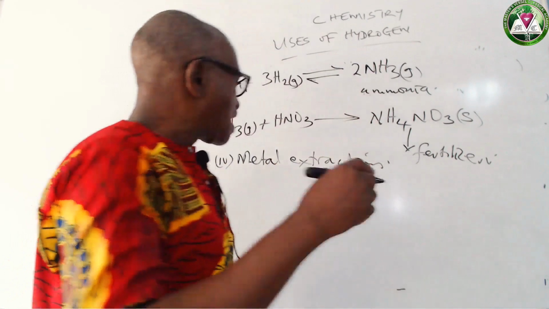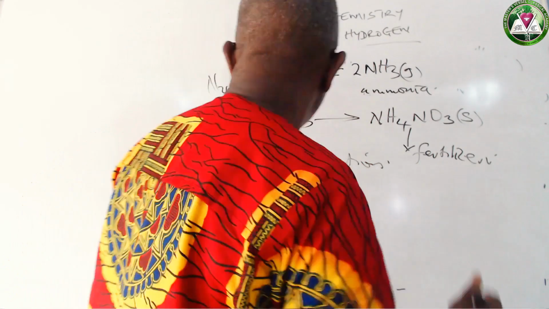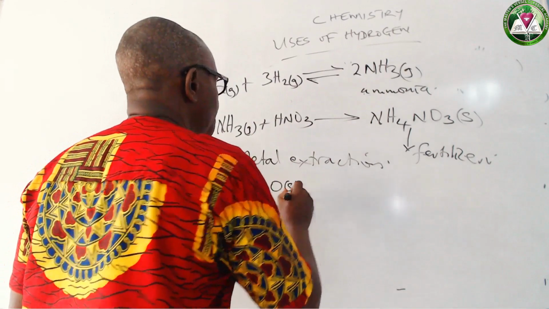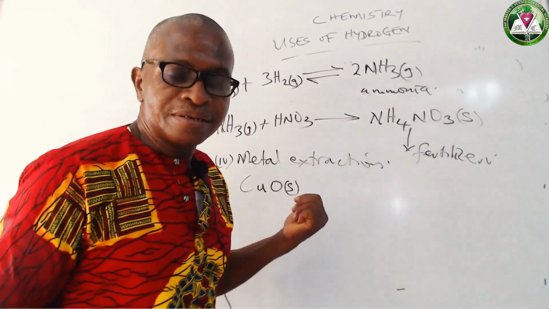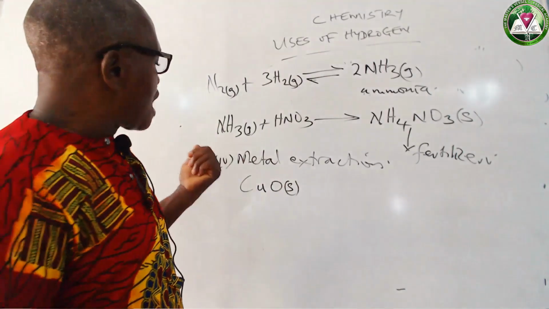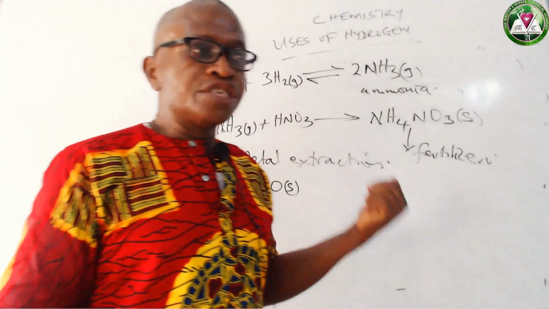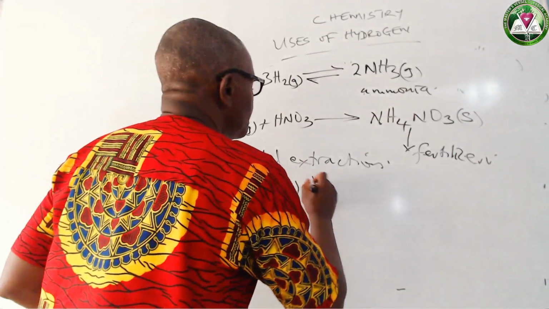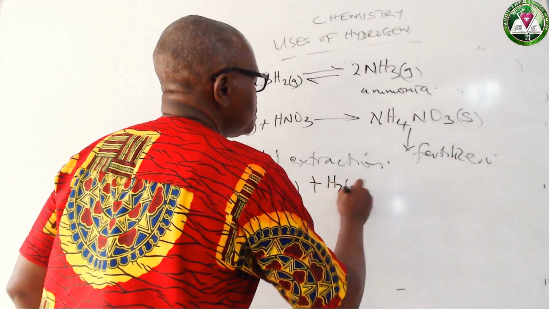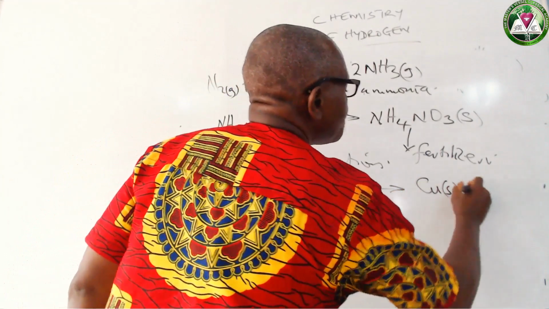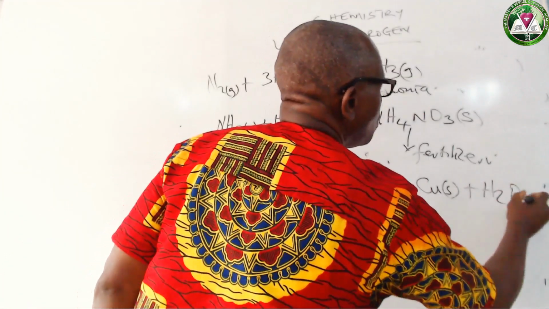Therefore, if you have metal oxide, the metal oxide can be copper 2 oxide. This is a mineral containing copper. Therefore, for you to now produce copper from it, you react it with hydrogen, which is a reducing agent, to give you copper metal plus H2O.